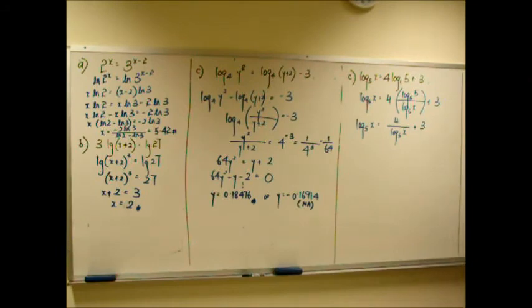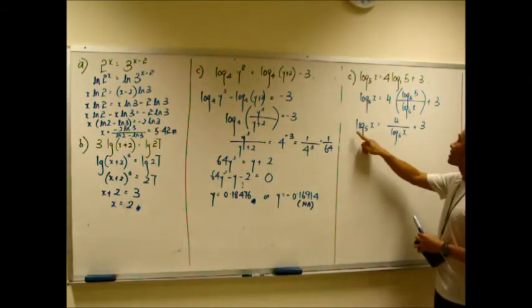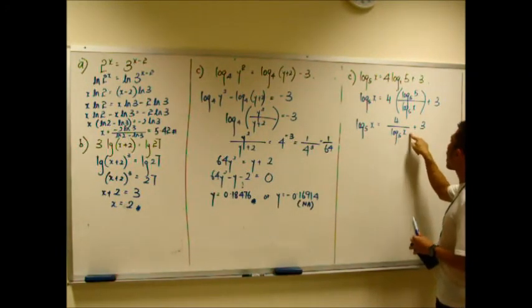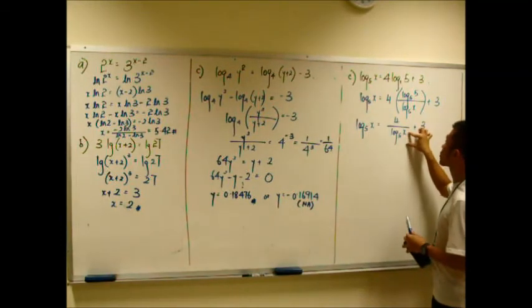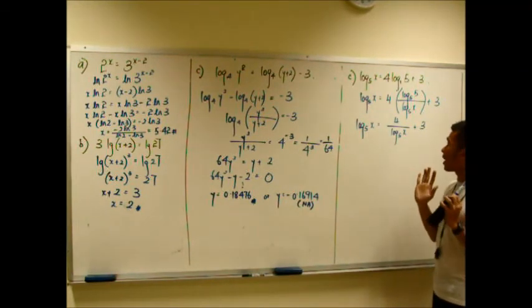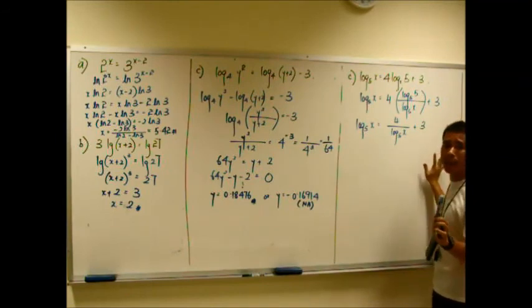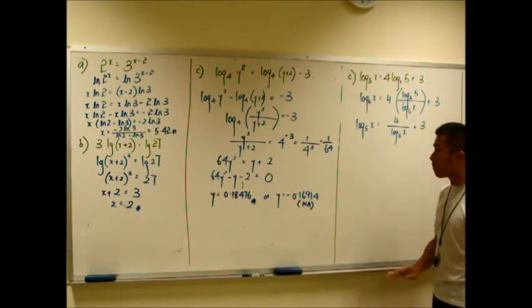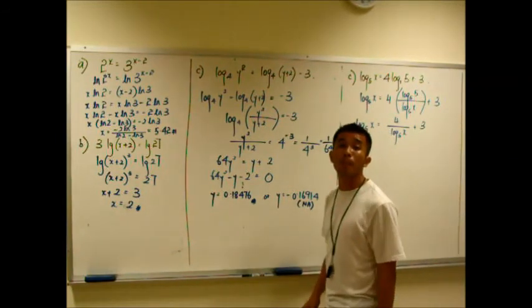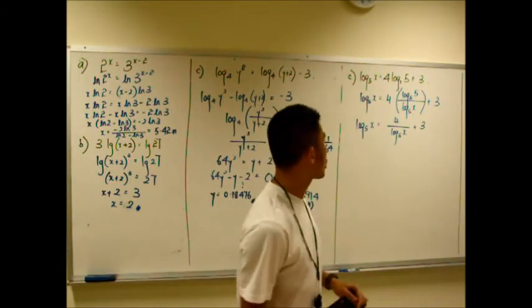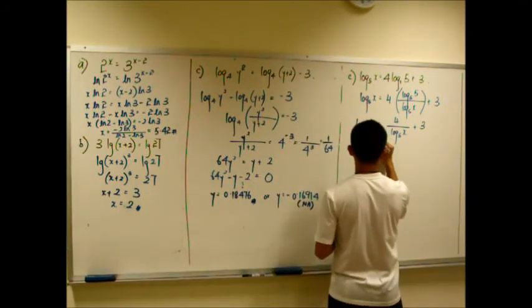Now I'm stuck. Why do I say that? There is a log x to base 5 at the numerator as well as the denominator. When you are stuck, you don't want to do any multiplication because it's going to do more complication to the question. The best approach is to do substitution method.